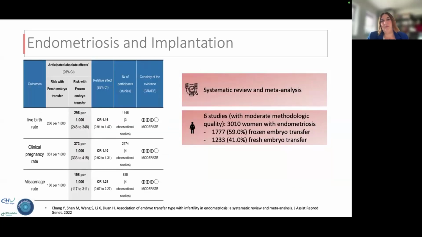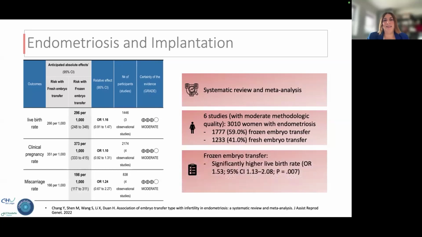To further explore outcomes related to embryo transfer in endometriosis, Chang conducted this systematic review and meta-analysis. He analyzed 6 studies, of moderate methodological quality, but including more than 3,000 women with endometriosis. Among them, 59% underwent frozen embryo transfer, while 41% had fresh embryo transfer.